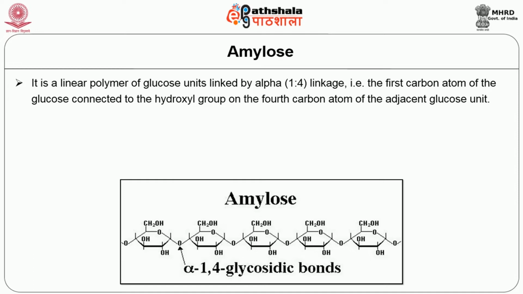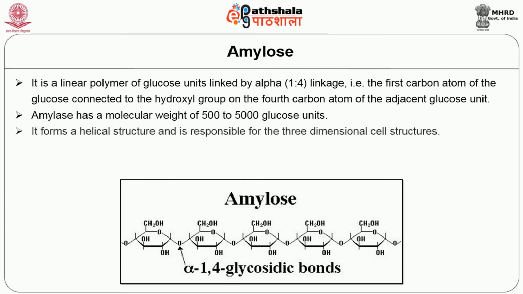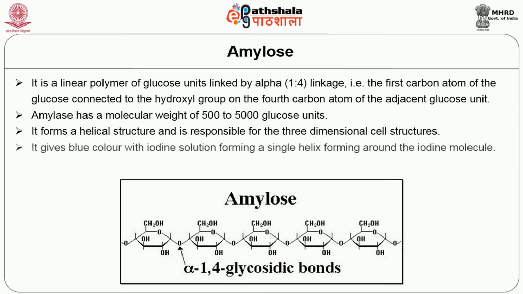That is, the first carbon atom of the glucose is connected to the hydroxyl group on the fourth carbon atom of the adjacent glucose unit. Amylose has a molecular weight of 500 to 5000 glucose units. It forms a helical structure and is responsible for the three-dimensional gel structures.